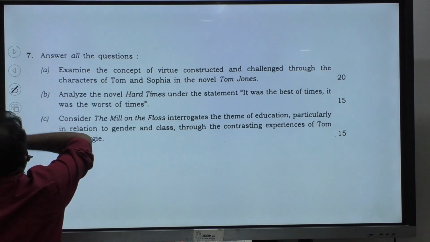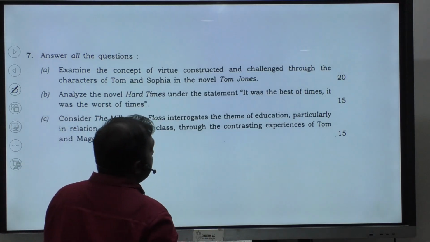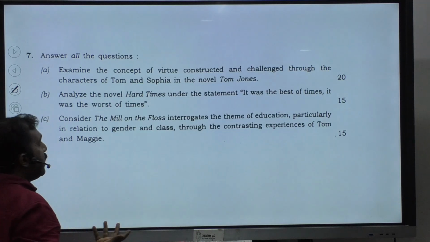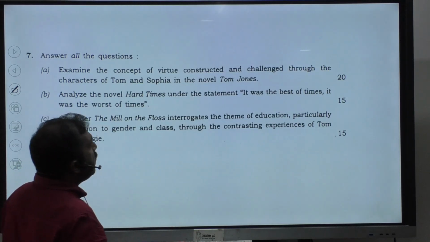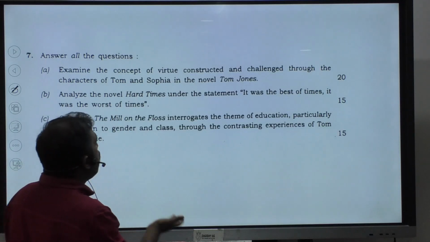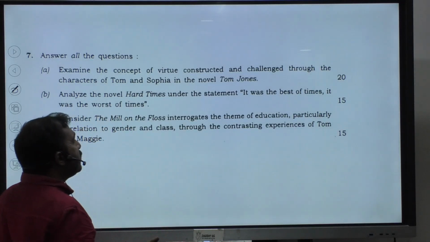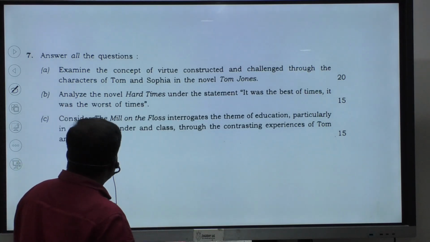Okay, the next one: examine the concept of virtue constructed and challenged through the characters Tom and Sophia in the novel Tom Jones. Analyze the novel Hard Times under the statement, it was the best of times. Then consider how The Mill on the Floss interrogates the theme of education, particularly in relation to gender and class.